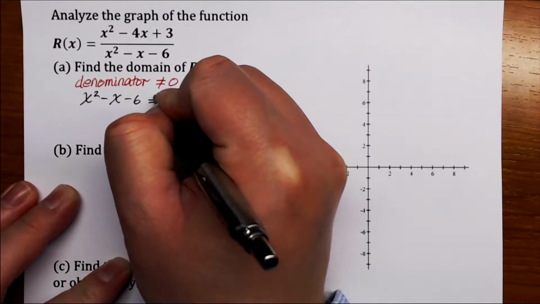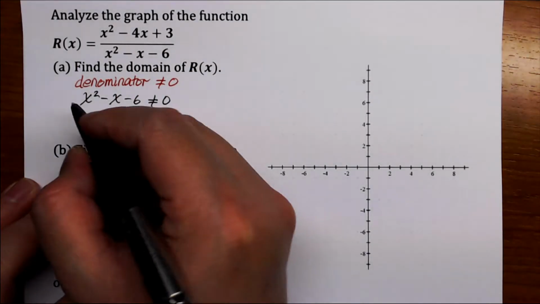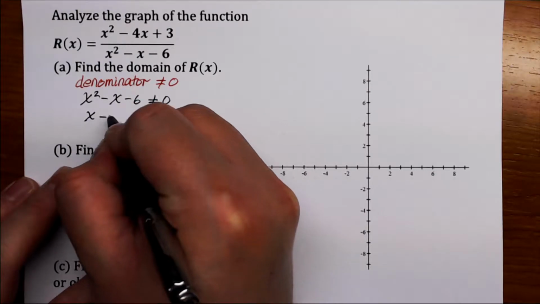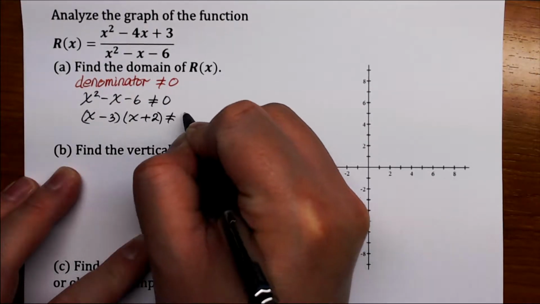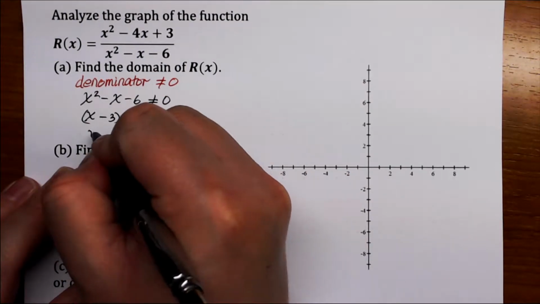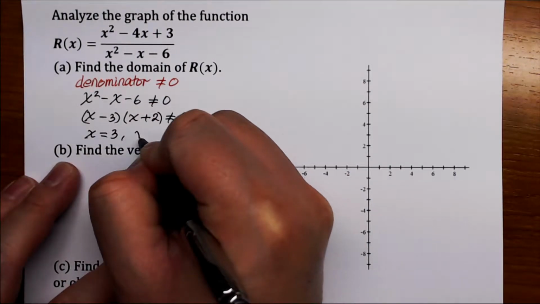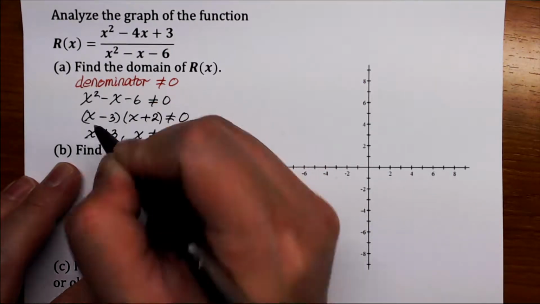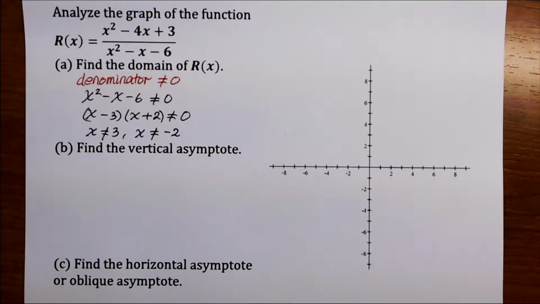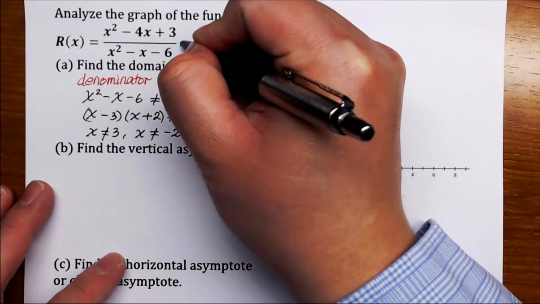So here we have x squared minus x minus 6 not equal to 0. We can factor as x minus 3 and x plus 2 not equal to 0. So we have x not equal to 3 and x not equal to negative 2. Right, so that is the domain.